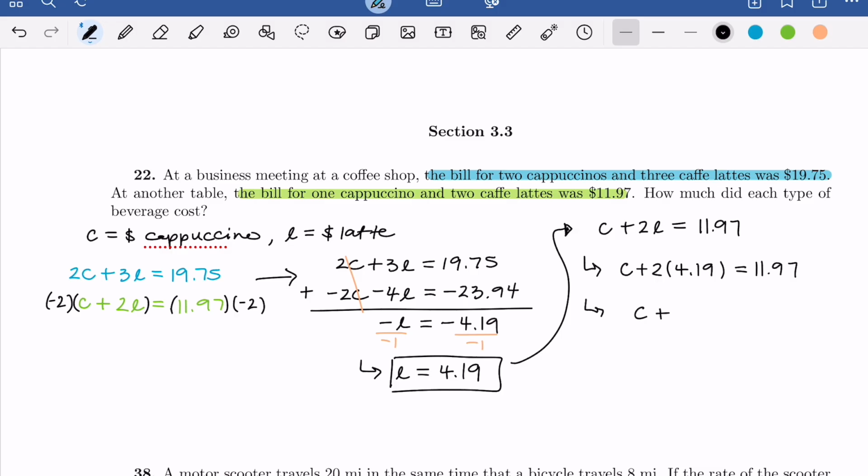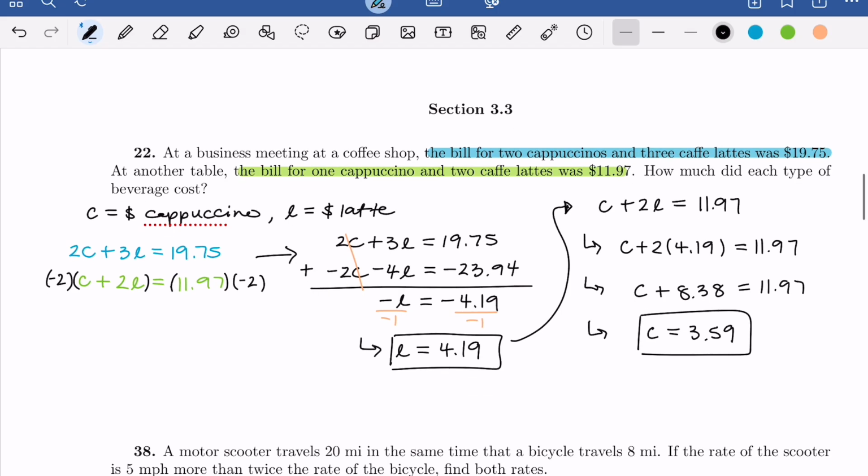We're going to multiply 2 by the 4.19. This is going to give us 8.38. And then lastly, we'll subtract that amount from both sides of our equation. So we'll have 11.97 minus 8.38. This is going to give us 3.59.